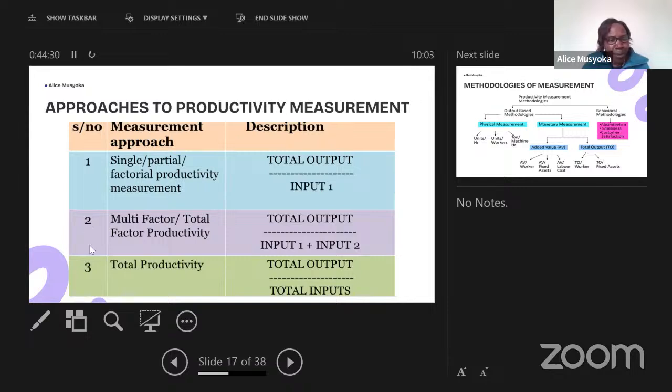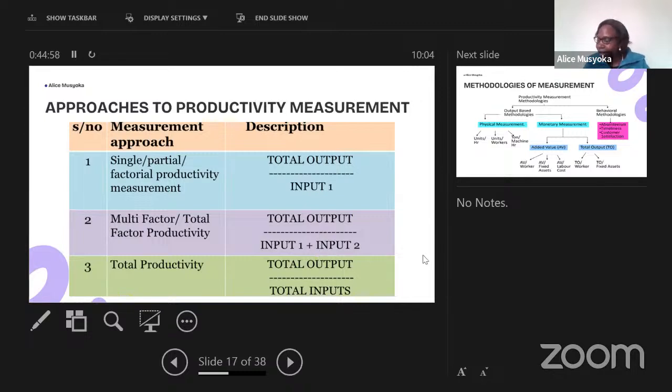We could also measure productivity by looking at the multi-factor approach, where we are looking at total factor productivity, where we look at total outputs divided by inputs. Because here we are looking at multi-factors, we will have inputs from one factor and inputs from another factor.